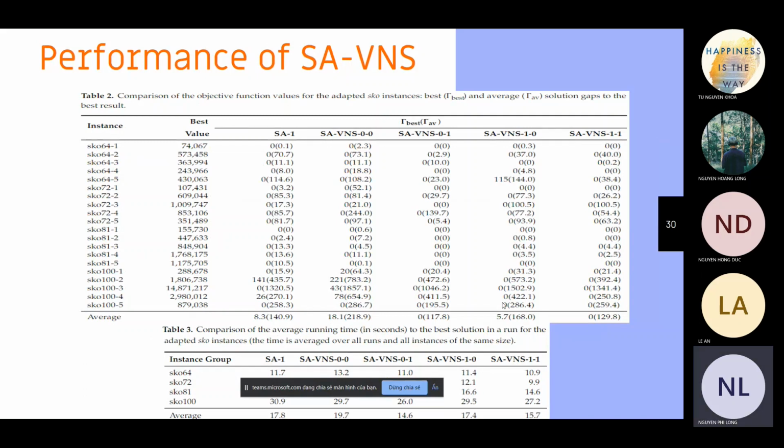In table 2, the results show the BLLB instances in the SKO dataset. In table 3, we report the average running time to the best solution in the run of each algorithm. Overall, we can conclude from table 2 and table 3 that the SKO instances are not challenging enough for our SA VNS hybrid.